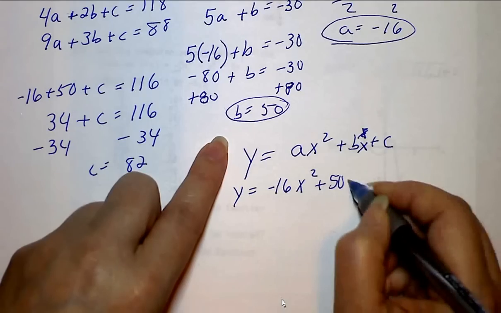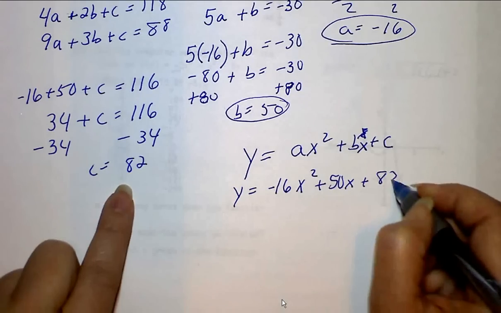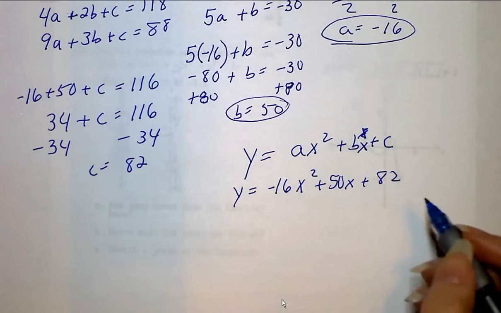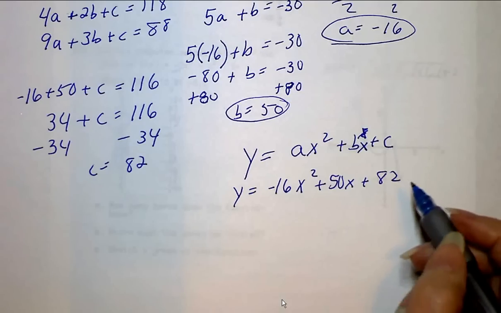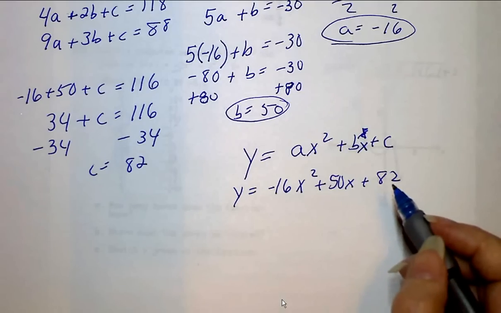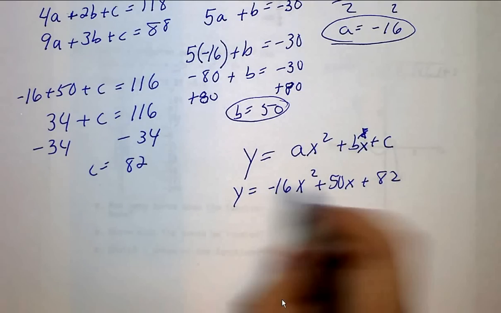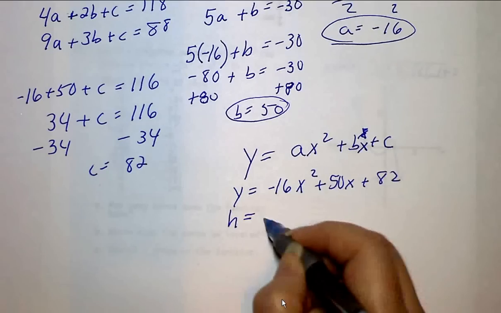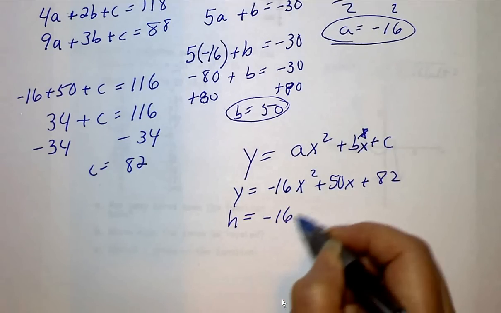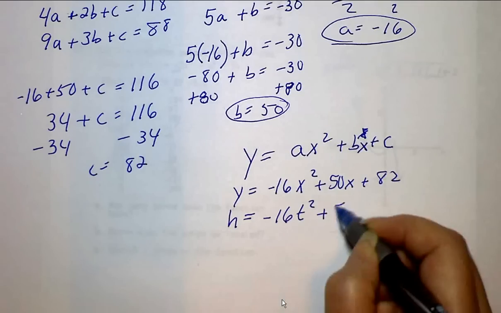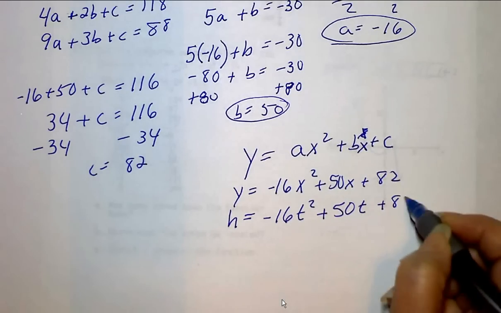And now the only last thing is, if you are more advanced, it did want the height in terms of time. So remember, this is the height and this would be the time. So negative 16t squared plus 50t plus 82. So this would be the more advanced answer.